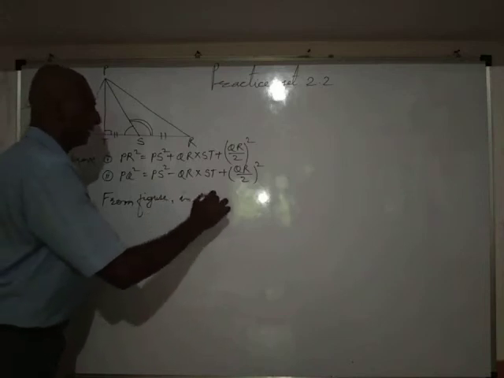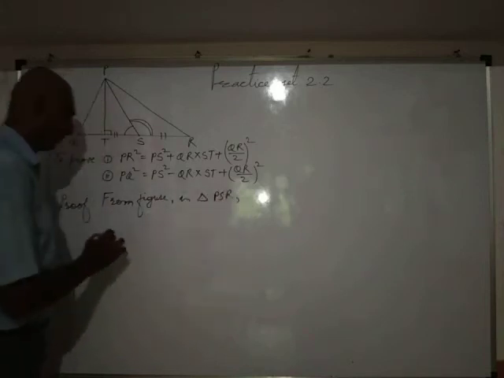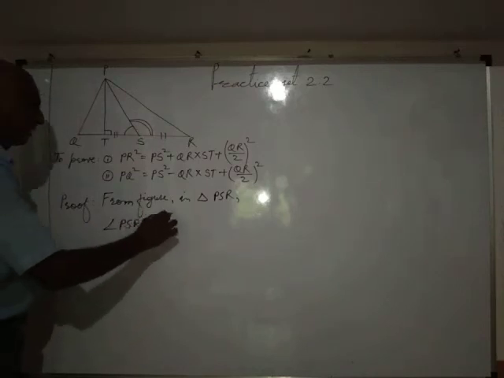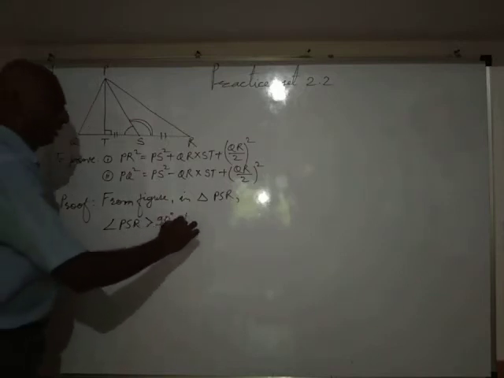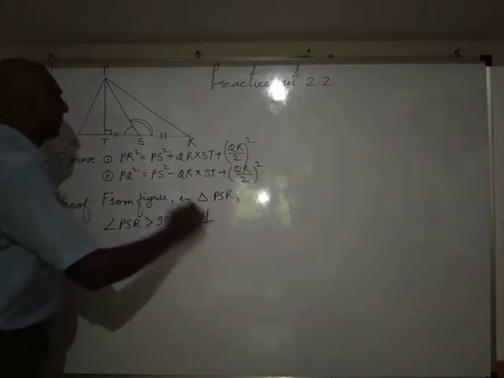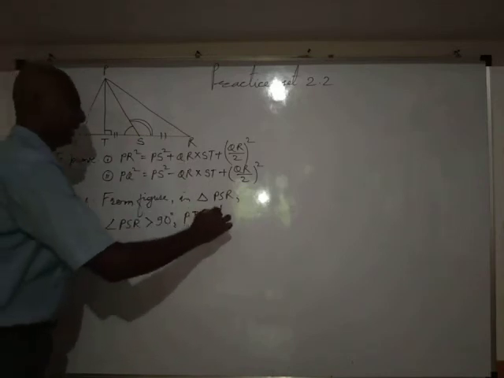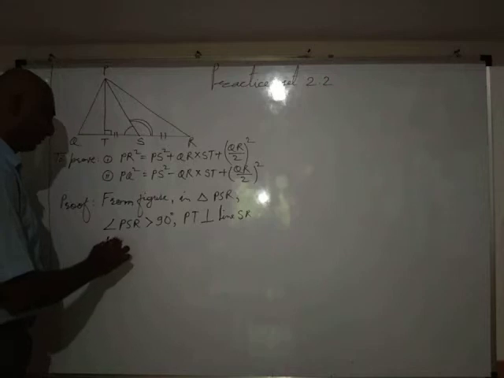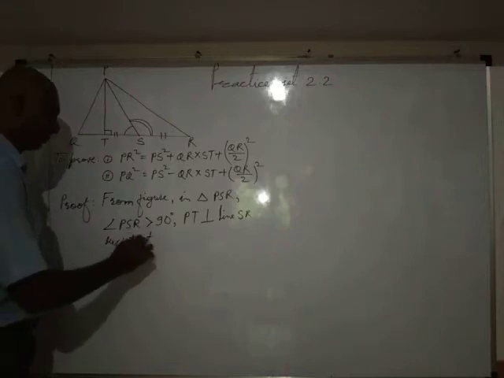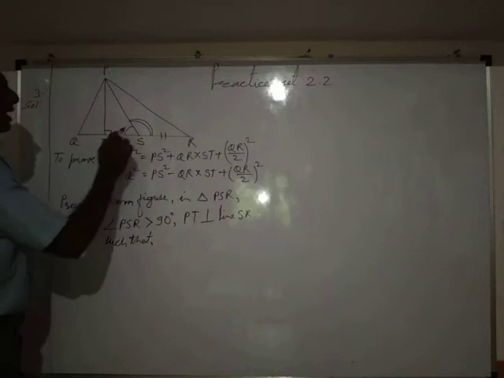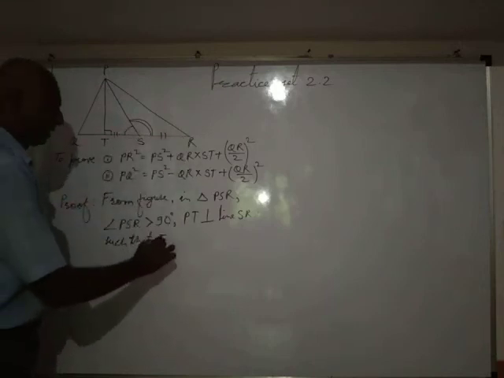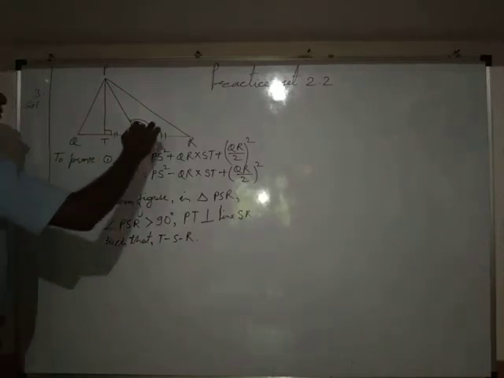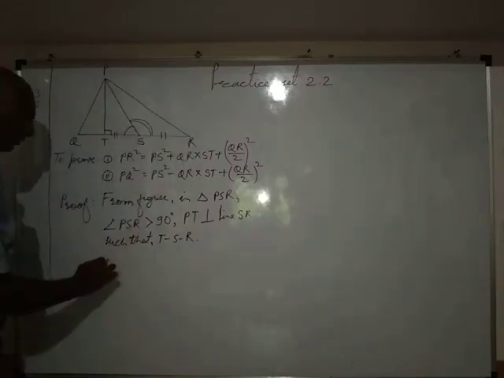In triangle PSR, angle PSR is greater than 90 degrees. PT is perpendicular to line SR such that T dash S dash R, and therefore we have an equation for PR square.